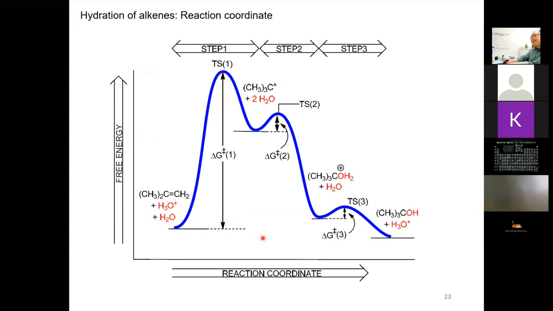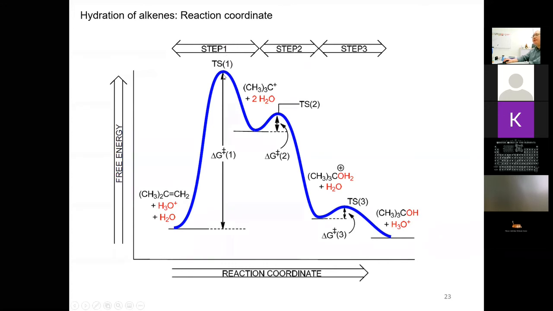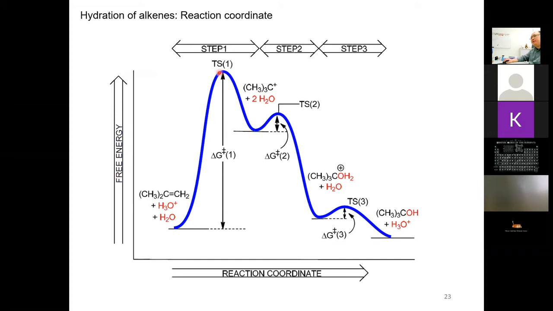And the rate determining step, do you know what's the rate determining step in this reaction? Do you still remember how to figure out the rate determining step of a reaction coordinate diagram? So you need to first find the highest energy transition state. So we have 3 transition states here, this, and this.